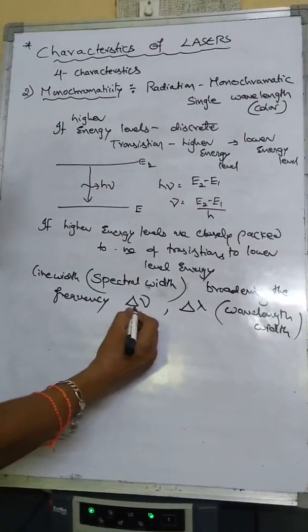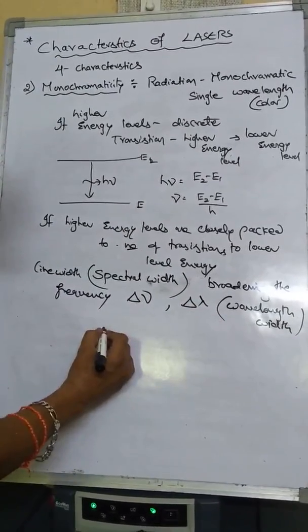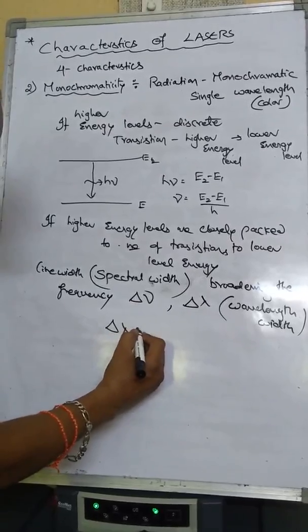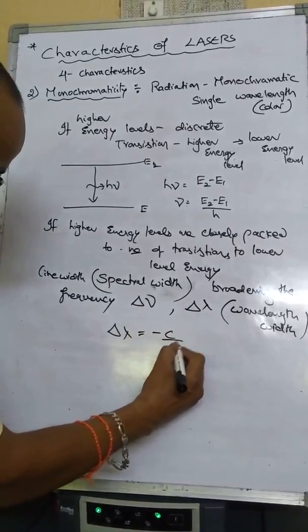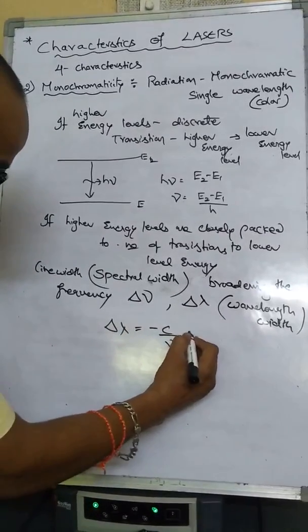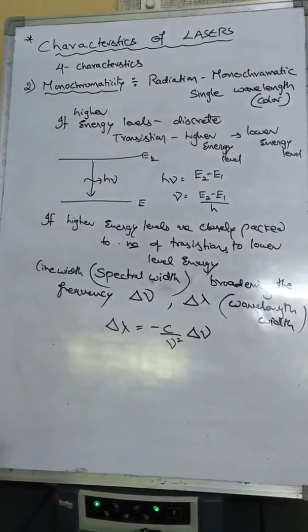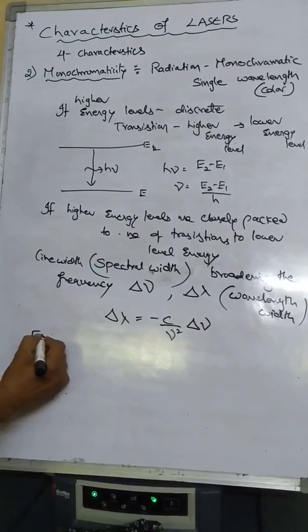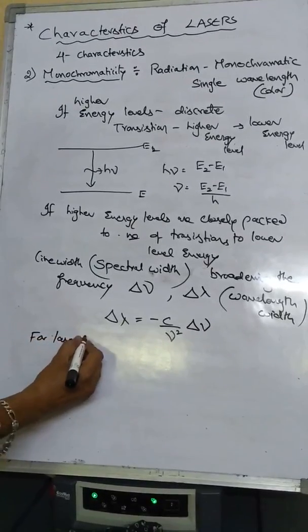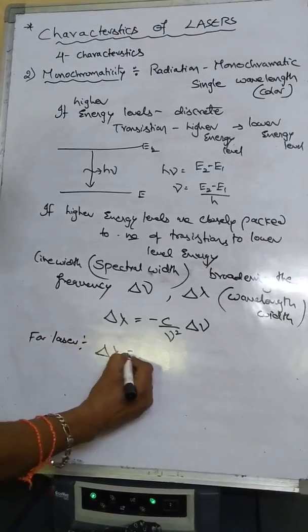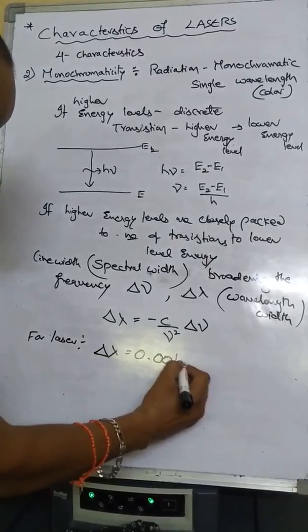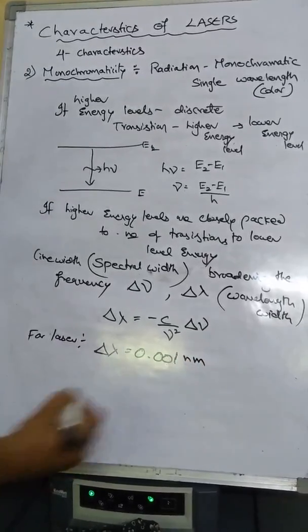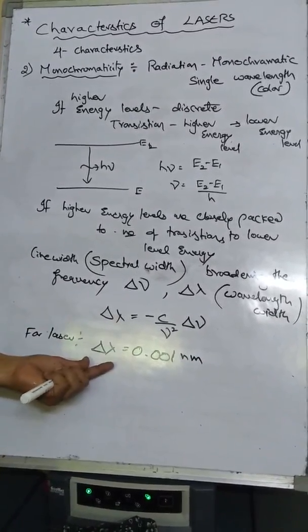The two, delta nu and delta lambda, are connected like this: delta lambda is equal to minus c by nu squared into delta nu. For a laser, delta lambda is almost 0.001 nanometer. The broadening of the wavelength is very small.